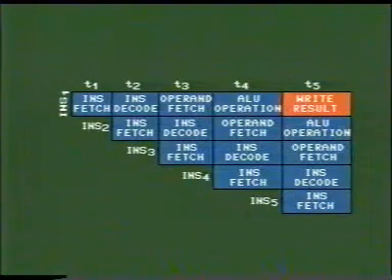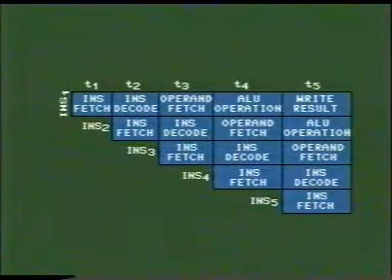Here, while the instruction fetch of instruction 2 is taking place, instruction decode of instruction 1 is going on. In this way, in the 5th cycle, write result of instruction 1, ALU operation of instruction 2, operand fetch of instruction 3, instruction decode of instruction 4 and instruction fetch of instruction 5 are taking place simultaneously.